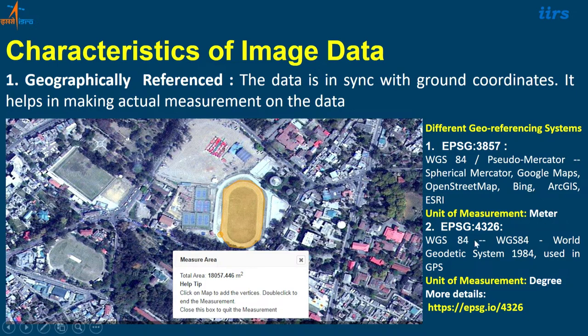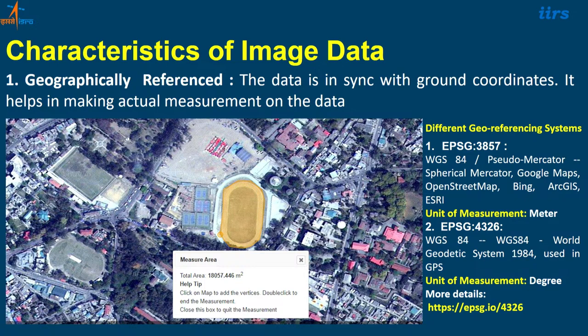Another coordinate system, very popular across the globe, is EPSG 4326. It is the geographical coordinate system, where the unit is degrees. So if your image is in the form of latitudes and longitudes, in degrees, then we can say this image is in the 4326 coordinate system.